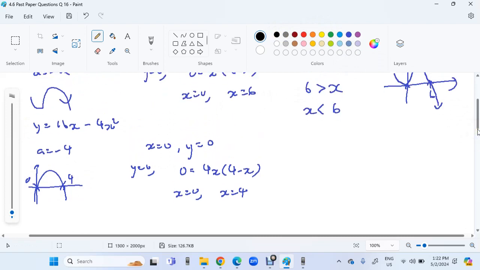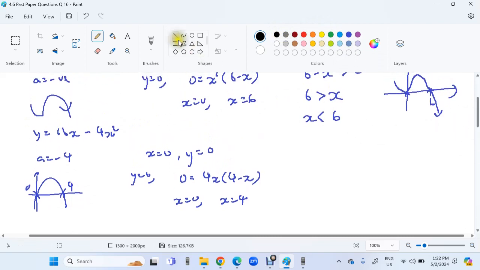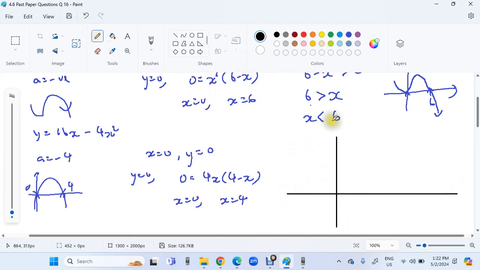So we combine these two graphs, and the graph will look like this. We will have this one and this one. The 0 and 4 will be something like this, 0 here and 4 is here.